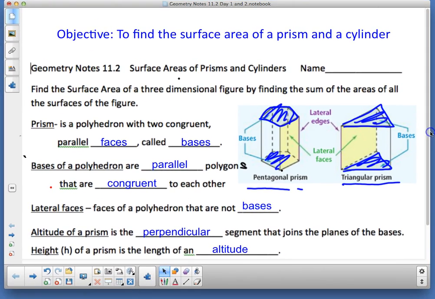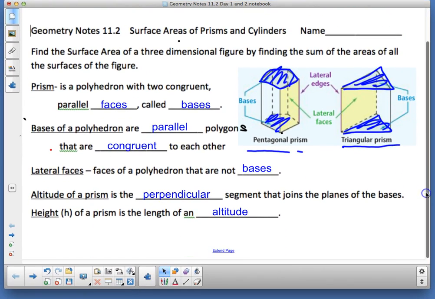And now our lateral faces are faces that aren't bases. So if they're not rectangular, they're the lateral face. If you have bases that are squares or rectangles, you decide which ones are going to be the base, and the ones that aren't the bases are the lateral faces.